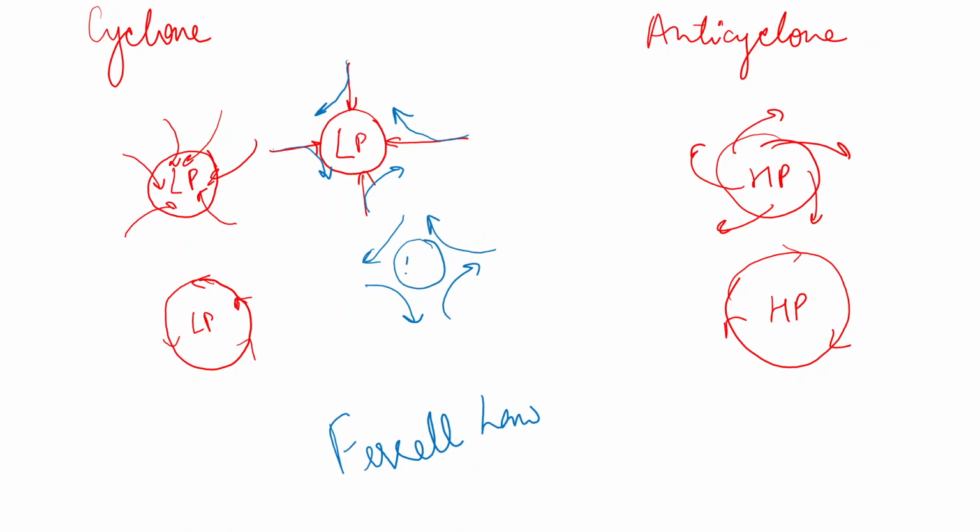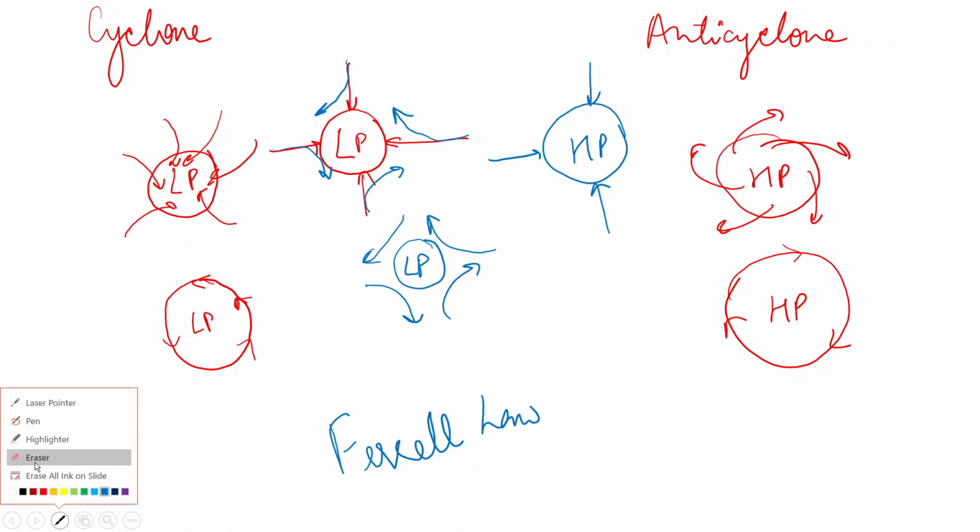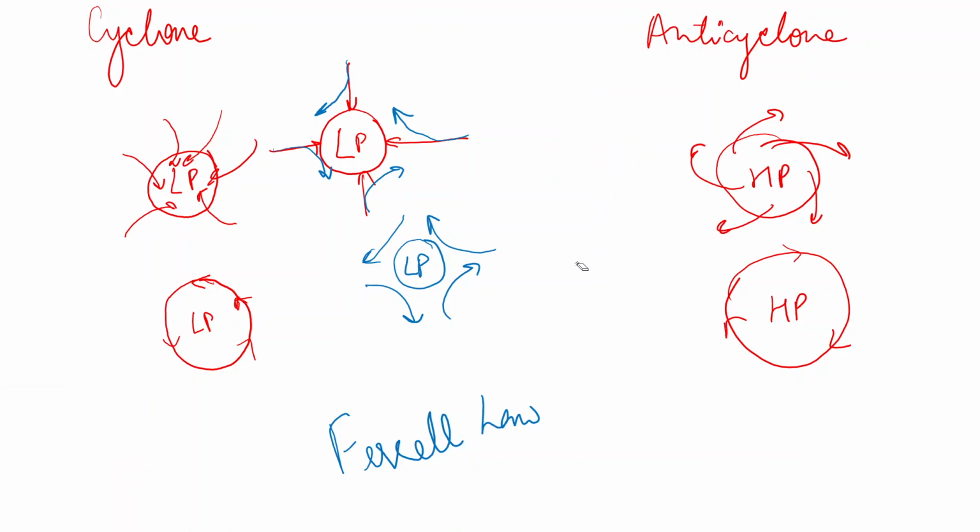So if this is the low pressure, and in case of anticyclones, if this is the high pressure over here, winds are coming this way. Oh, sorry. In case of anticyclone, the winds will be going out. Let me draw it. In case of high pressure, the winds are going out, and then these winds will also be deflected towards the right hand side.